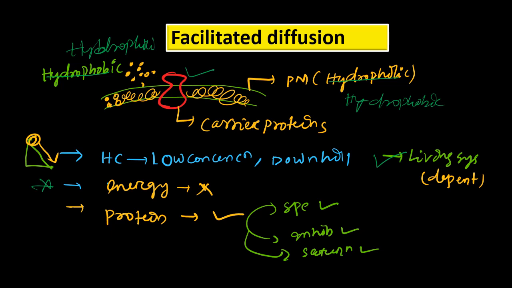Let's consider any molecule is hydrophilic and the plasma membrane hydrophobic. If this molecule wants to transport across this plasma membrane, it cannot transfer because of repulsion. So it needs a carrier protein to enter into the cell. So in facilitated diffusion we see a protein.